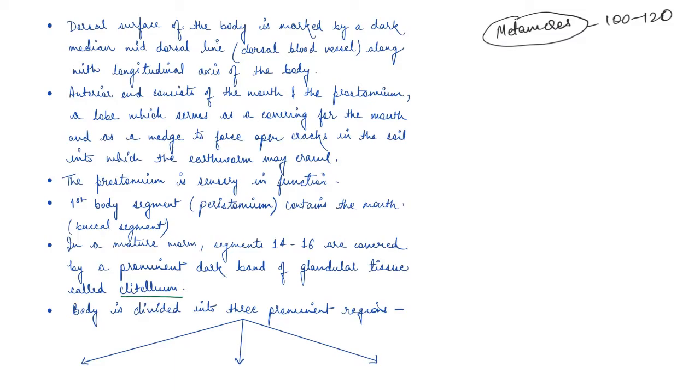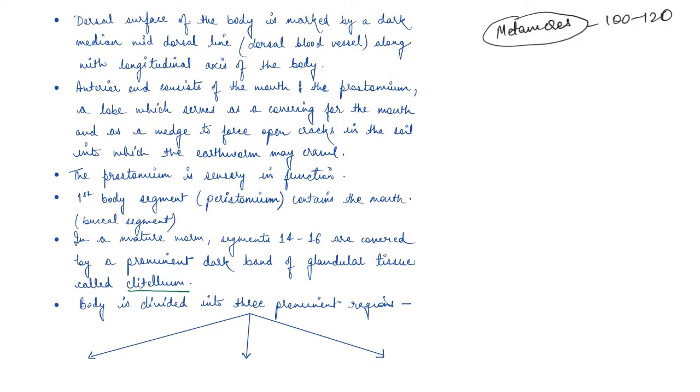Now, the anterior end, the starting of the earthworm, basically consists of the mouth and prostomium. This prostomium is a lobe which serves as a covering of the mouth. It also serves as a wedge.